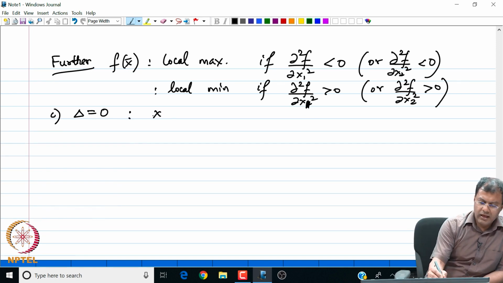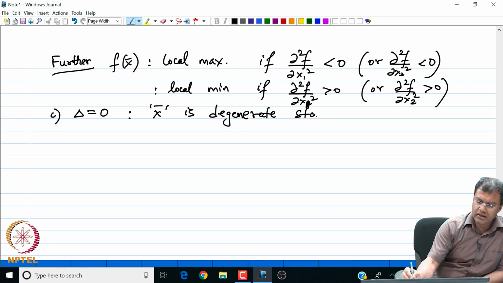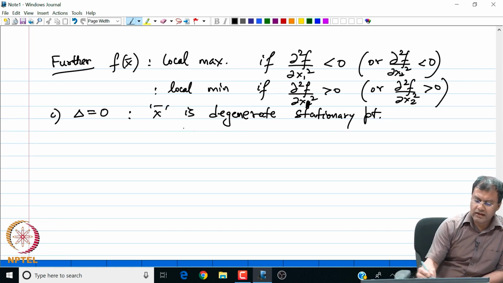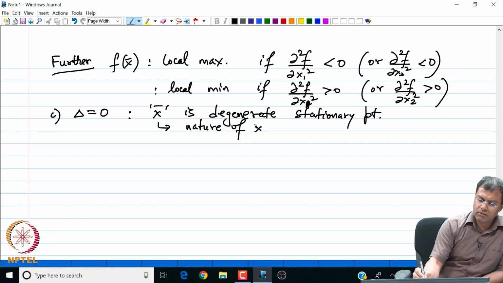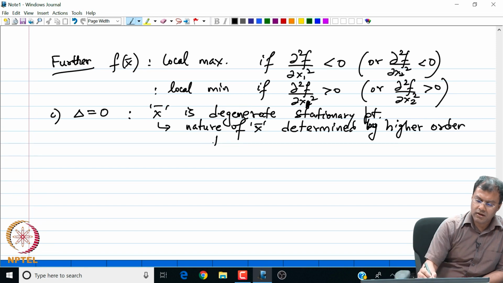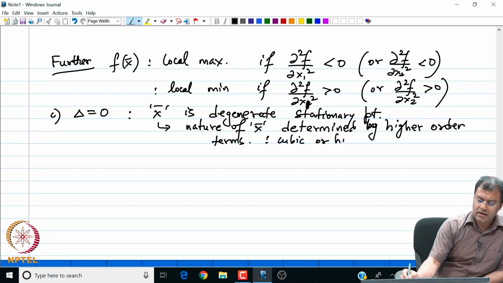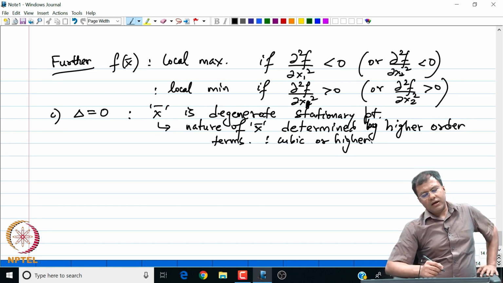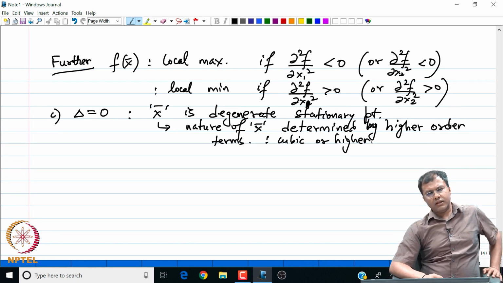So, x bar is a degenerate stationary point, or the nature of this point x bar is determined by higher order terms, let us say cubic terms and so on, cubic or higher, because no longer are we able to determine the nature of the extremal just by looking at the quadratic term.